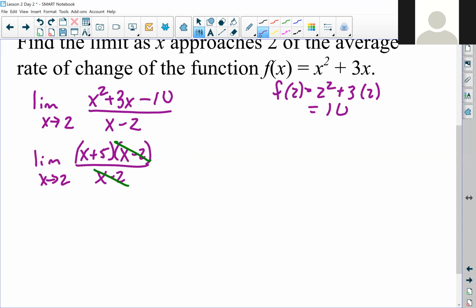And as a matter of fact, on a problem like this, because the denominator doesn't factor, you can almost guarantee that the numerator is going to have that same factor x minus 2 in it. It's a good hint. So really what we're looking at then is the limit as x approaches 2 of x plus 5, and we know we can plug 2 in for x and get 7.